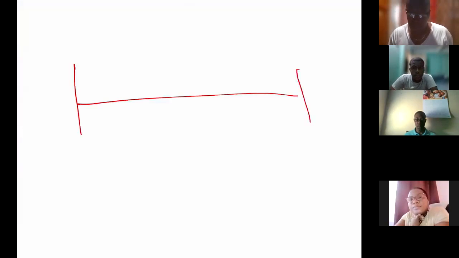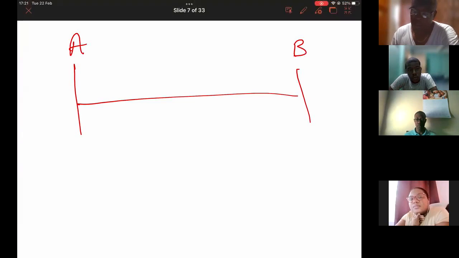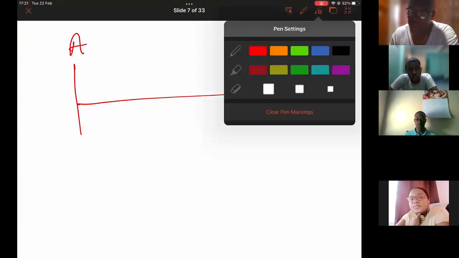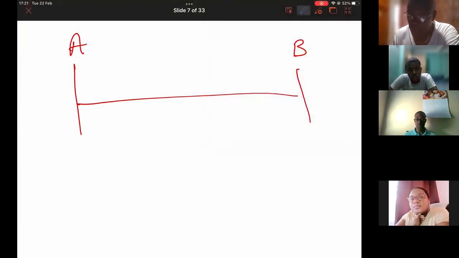Here's my line. This is bus bar A, this is bus bar B. For zone 1 protection, we have it up to 80%. So up to 80%, that is zone 1.